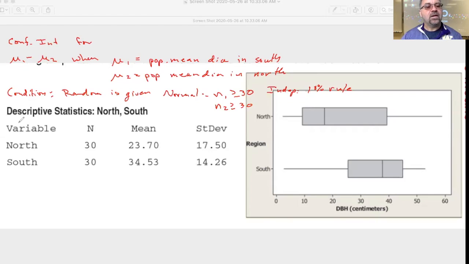So my confidence level is given in this problem at 90%. So I'm not given any flexibility here for that. So we'll just have to go with what they gave us there.